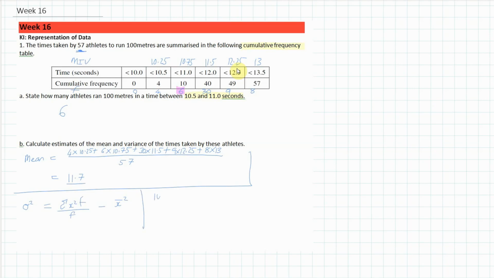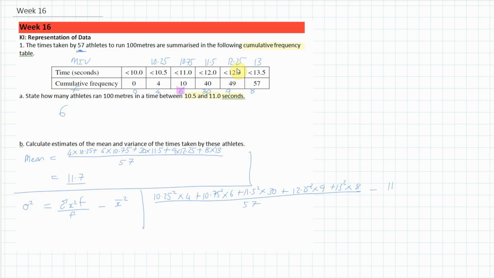So we get 10.25 squared times 4 plus 10.75 squared times 6 plus 11.5 squared times, I think that one's 30, yes, 30, plus 12.25 squared times 9, plus 13 squared times 8. I pop that over the 57, and then I'm going to take away my mean squared.